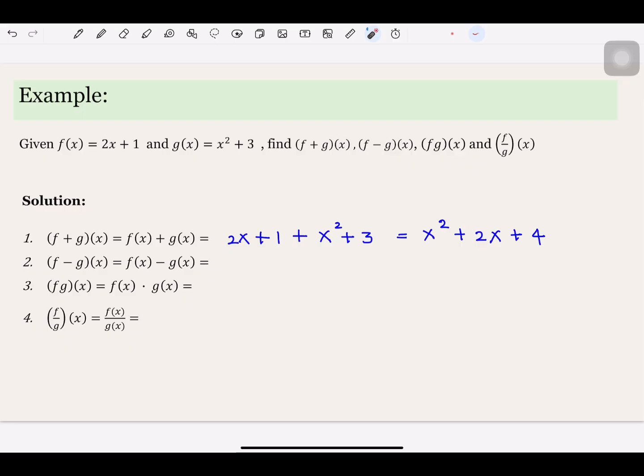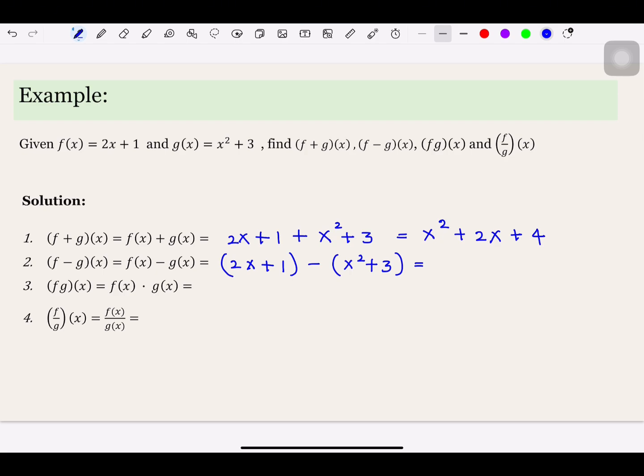Next, let's take the difference of these two functions, which means you're going to write f(x) as it is, and then you're going to subtract g(x) from f(x). I'm using brackets here. That's really important. And then let's remove the brackets.